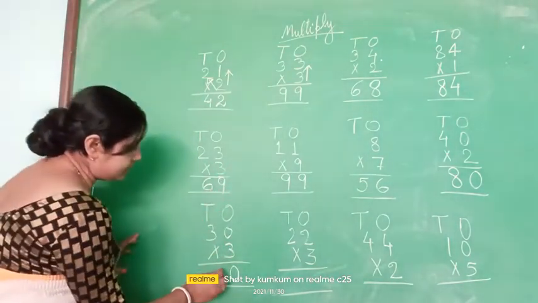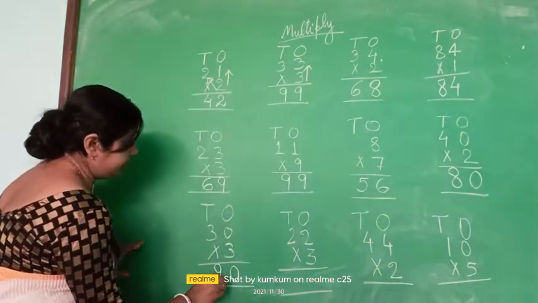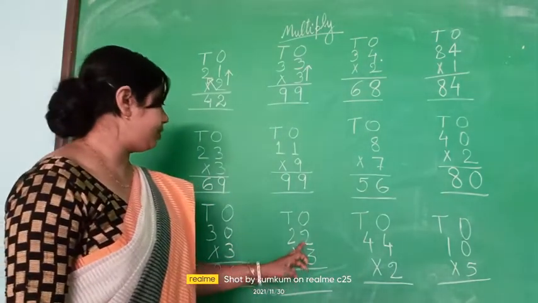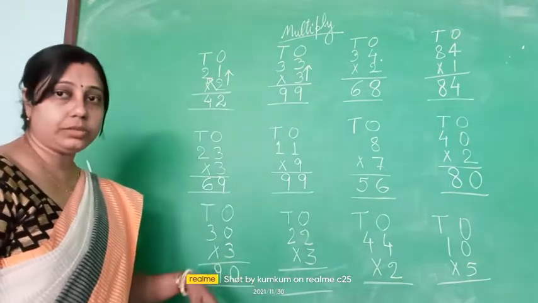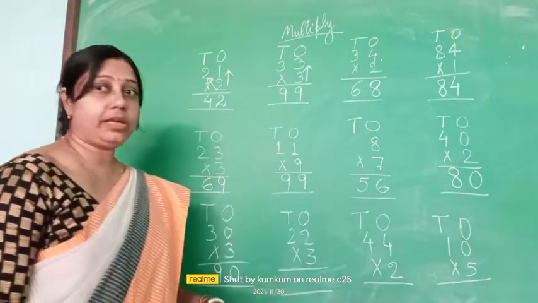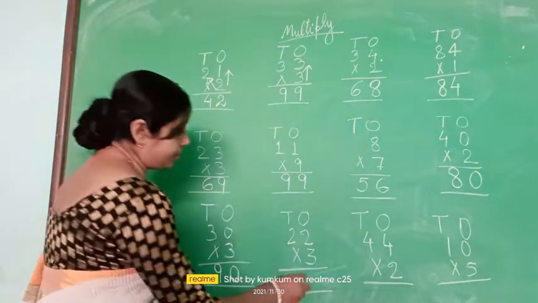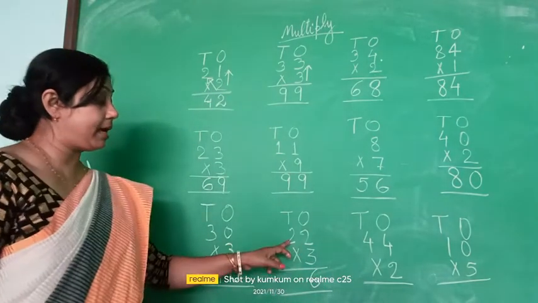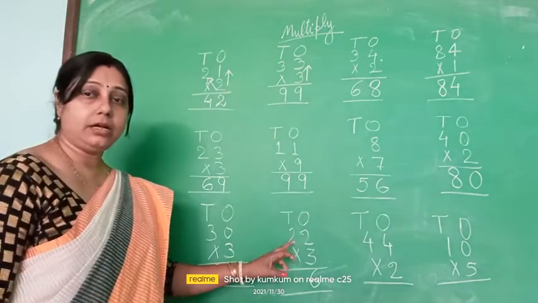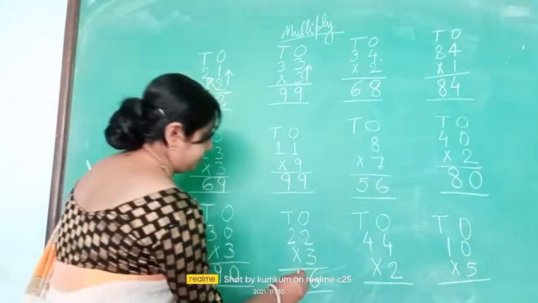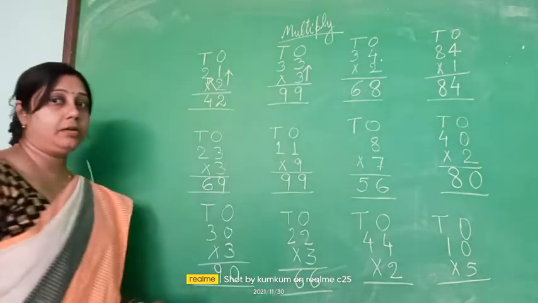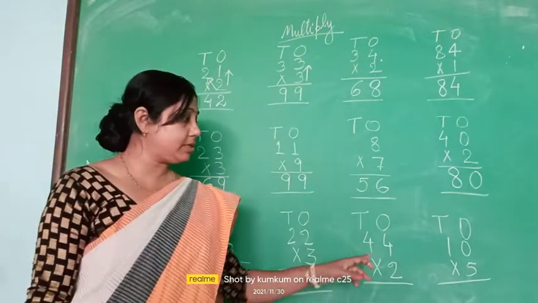So I am going to write here 9. Next, we will multiply 3 into 2 or 2 into 3. So 3 ones are 3, 3 twos are 6. So I am going to write here 6. Now again you have to cross multiply. Here also the same digit is there. So 3 twos are 6.